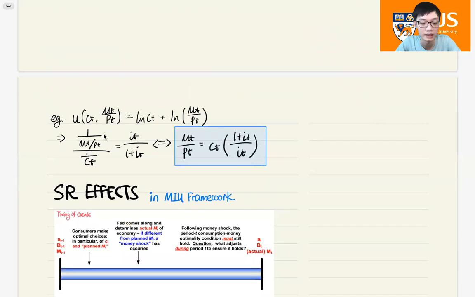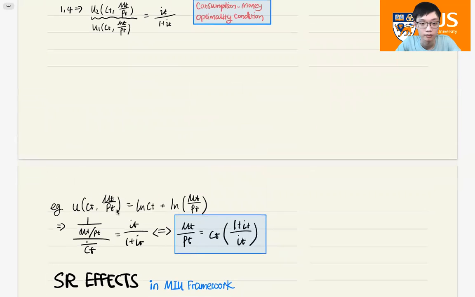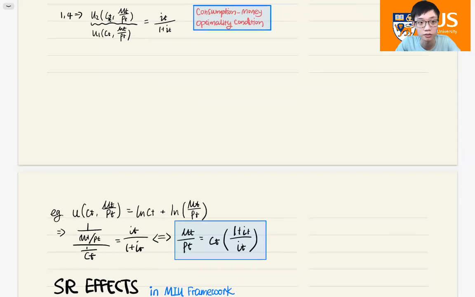And you see that, for example, if you got this utility function as ln CT plus ln real money demand, and you do the U2, U1, there is actually the marginal utility. Yes, so the 2 means the second item. You derive with respect to the second item.